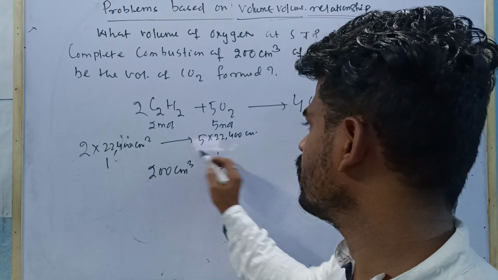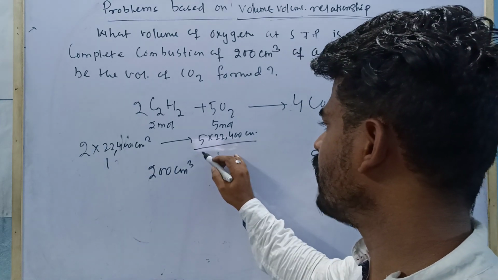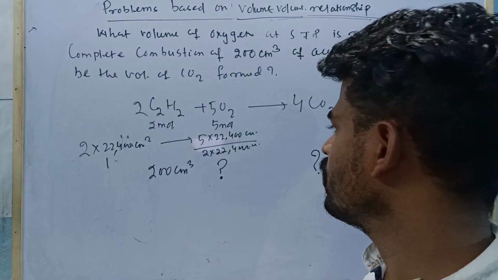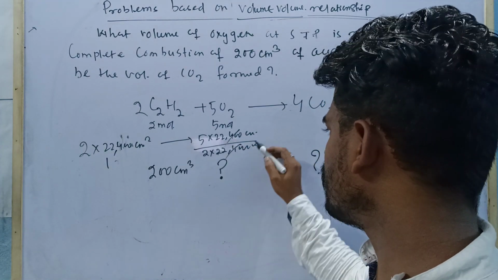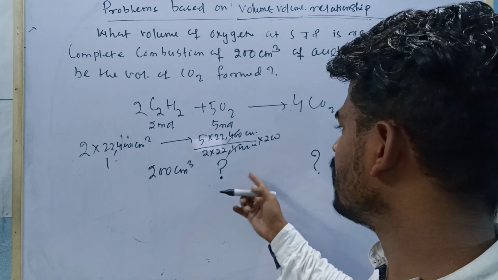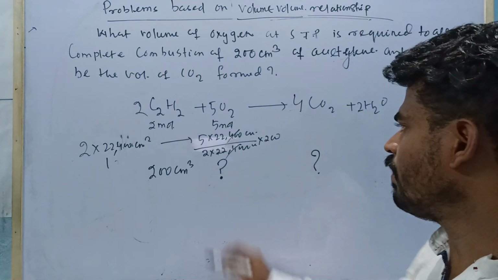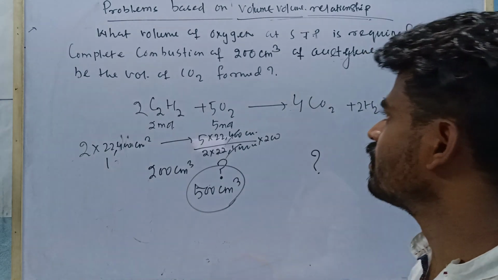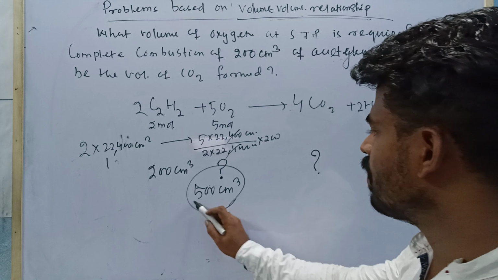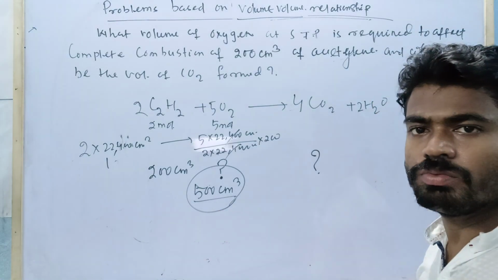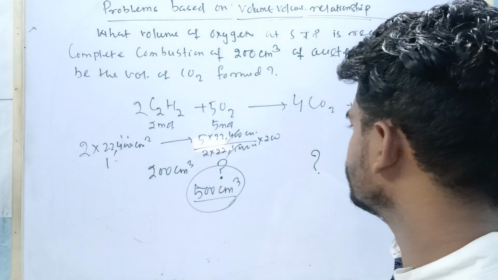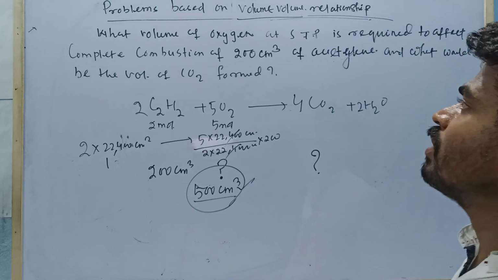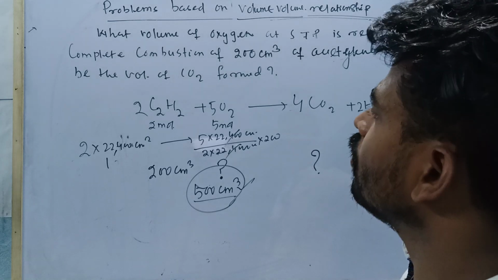So for 1, that will be 5 divided by 2 into 22400 centimeter cube. So into 200, this will cancel. So that will be how much, you tell me? 500 centimeter cube. First one answer, the volume of oxygen, 500 centimeter cube.